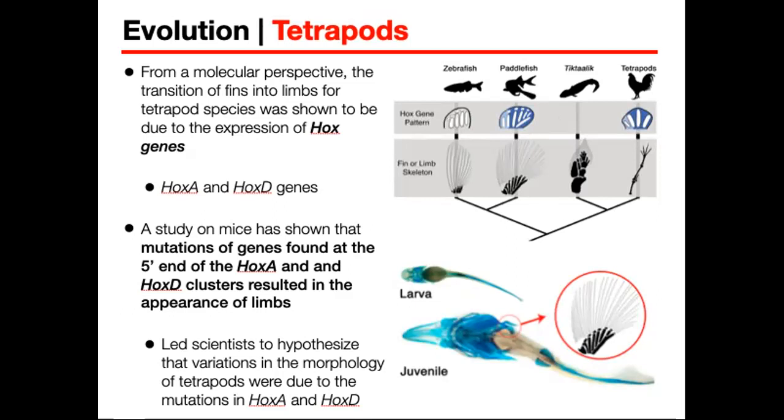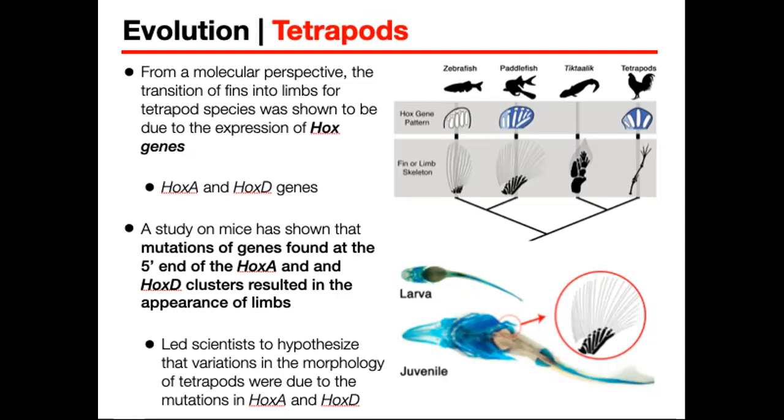You can also see here, at the morphological level, the larval and juvenile specimen of these paddlefish, stained for the developing cartilage. You can see here the skeleton of the pectoral fins, which looks like the equivalent of the arms of the land-dwelling vertebrates.